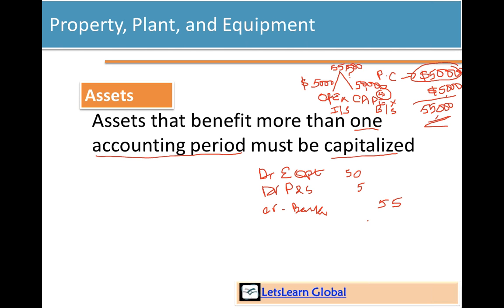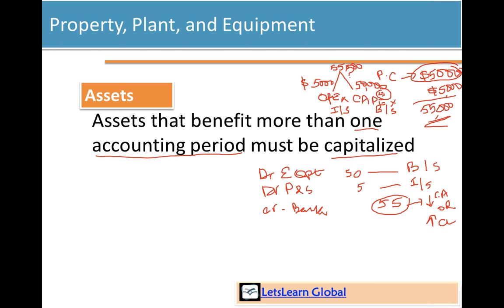So this amount will go to the balance sheet. This amount will go to your income statement, and 55K will decrease your current asset, that is the bank balance. Or if you have not paid, it will increase your current liability, your supplier balance.